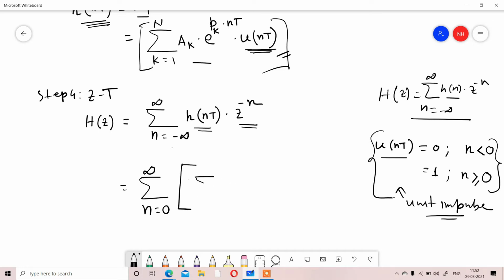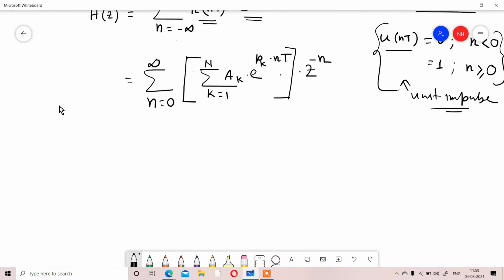So summation k equal to 1 to N, ak e to the power pk into nT. u(nT) value is 1, so I am not writing it now. Bracket close, and that is multiplied by z to the power minus n. Okay.